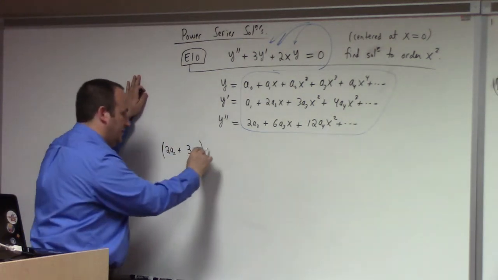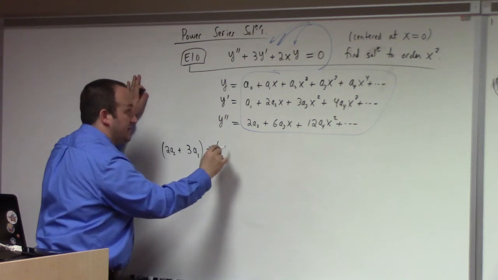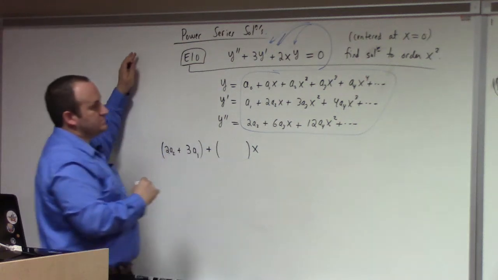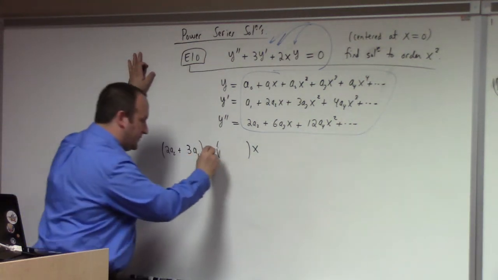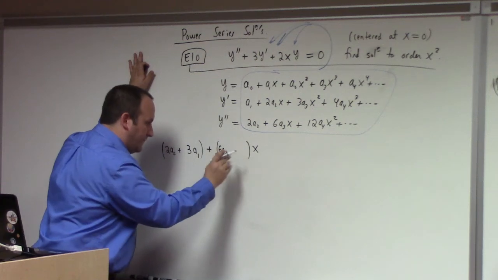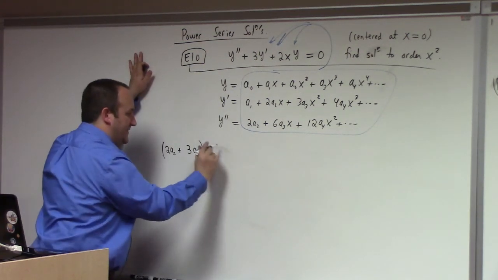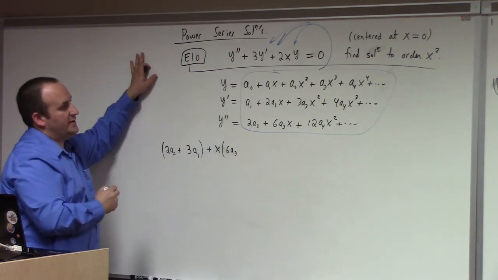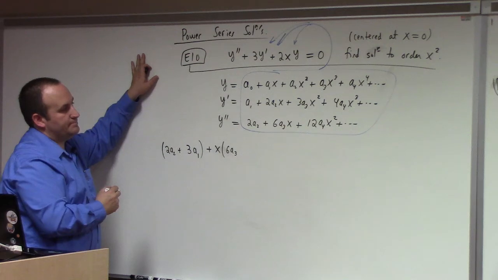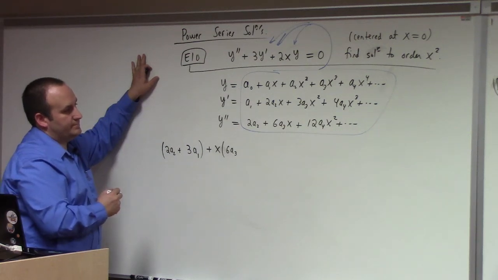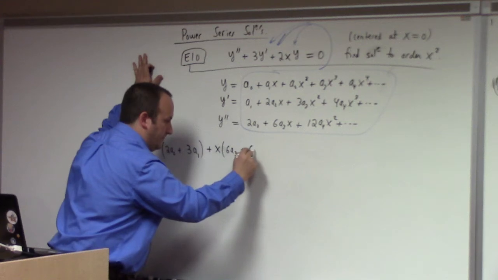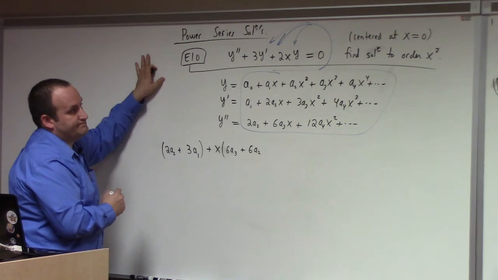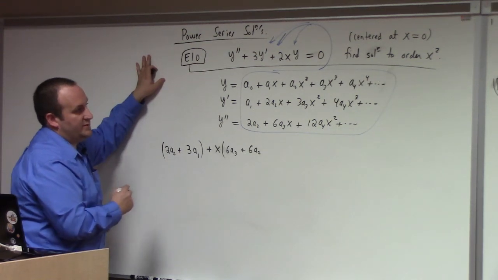Next, what are the terms with x? From y'', I've got 6a3. From 3y', 6a2. And then the other one, 2xy, gives 2a0.